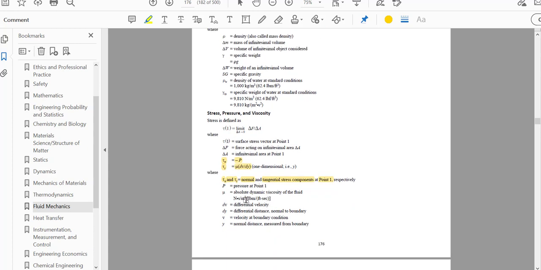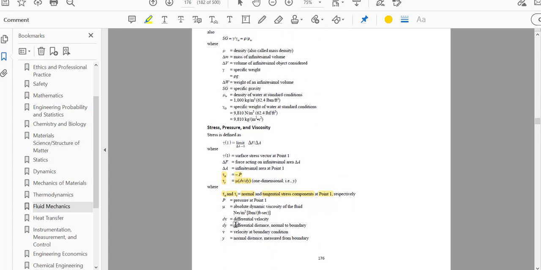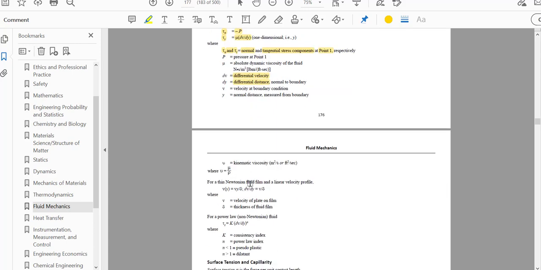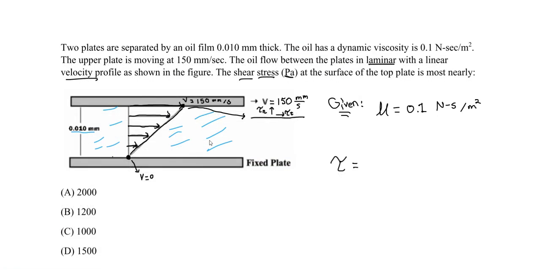So based on that, we know we need the dynamic viscosity, we have the differential velocity, and we have the differential distance. We can either use that equation, or there's also another equation in the FE handbook. For a thin Newtonian fluid film, we know that the velocity varies in the y direction. That makes sense. As we go up, based on the figure here, we start at 0 at the bottom, and the velocity varies until we hit the peak, where we have a maximum velocity of 150.